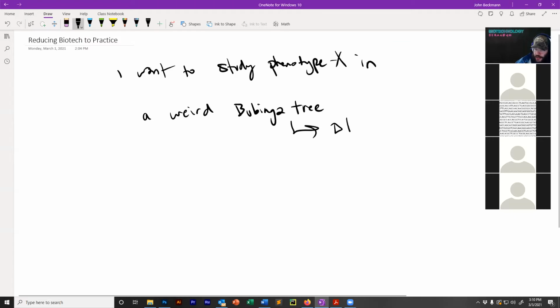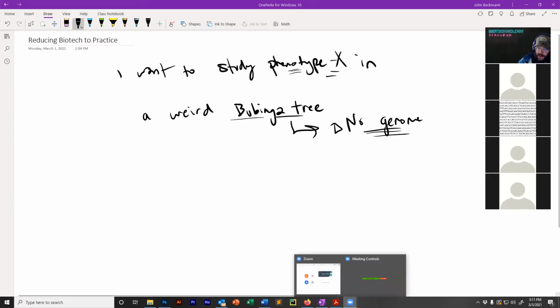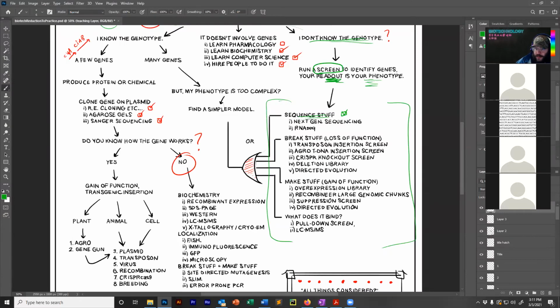There's probably no genome. Okay. And if you don't have a published genome, that's a huge research limitation right there. And it's highly unlikely that you're ever going to find the cause of phenotype X in a weird babinga tree if there's no genome. So that's one of the first things you can rectify. Okay. So sequence stuff, get a genome.